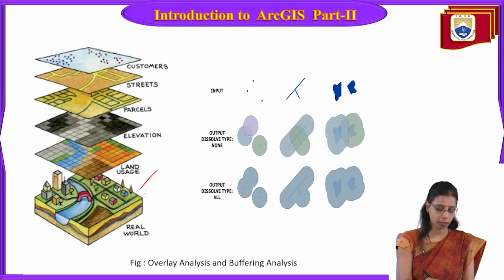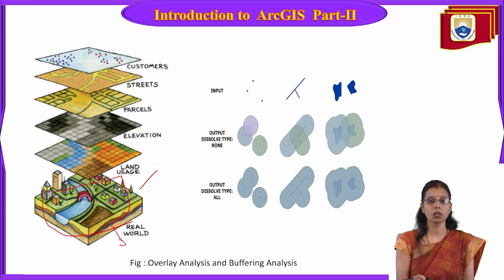So what is overlay analysis? This is the real world. What is the real world? The real world is actually what you can see outside in the world. Whatever your eyes can see is called the real world. Out of this real world, we create different layers. One layer is the land usage layer, one layer is the elevation layer, and others are parcels, streets, customers.